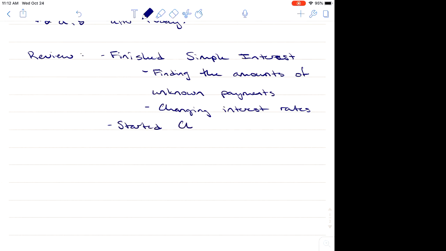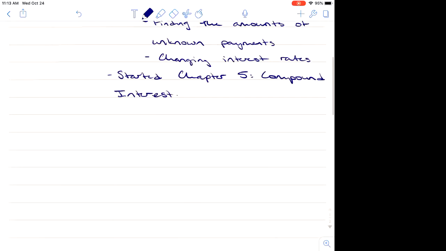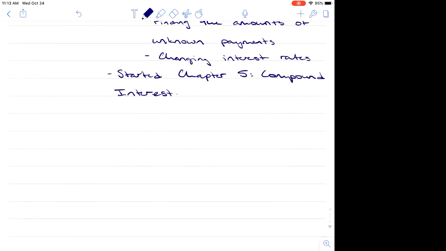Okay. So then we started chapter 5, compound interest. With compound interest, the idea stays the same, right? We invest some amount of money and it sits there for some amount of time, right?